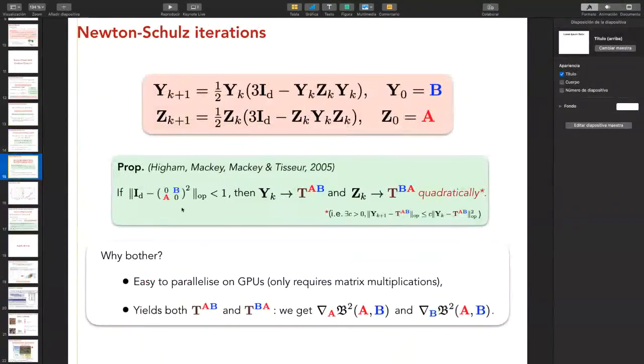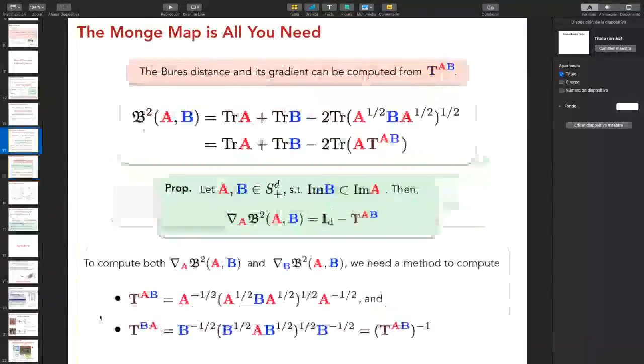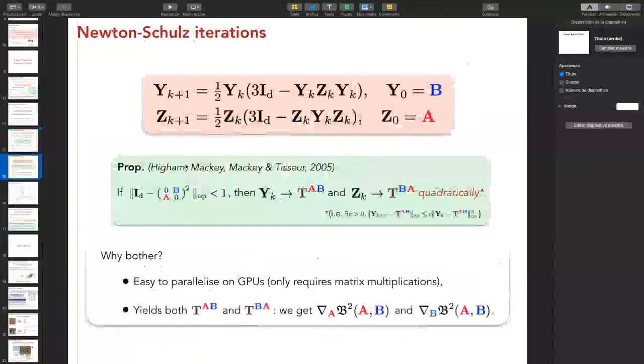Oh, actually, it's not restrictive at all because to satisfy it, you only have to divide B and A by 1 plus epsilon times their norms, and the Monge maps actually are homogeneous with respect to A and to B. So you just have to divide A and B so that this condition is satisfied, and then you multiply back to get the Monge map between A and B before you divided it.